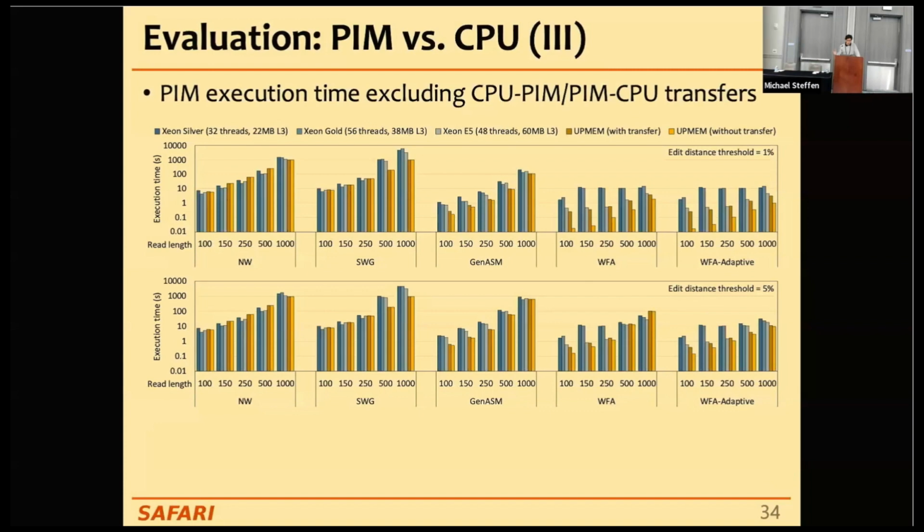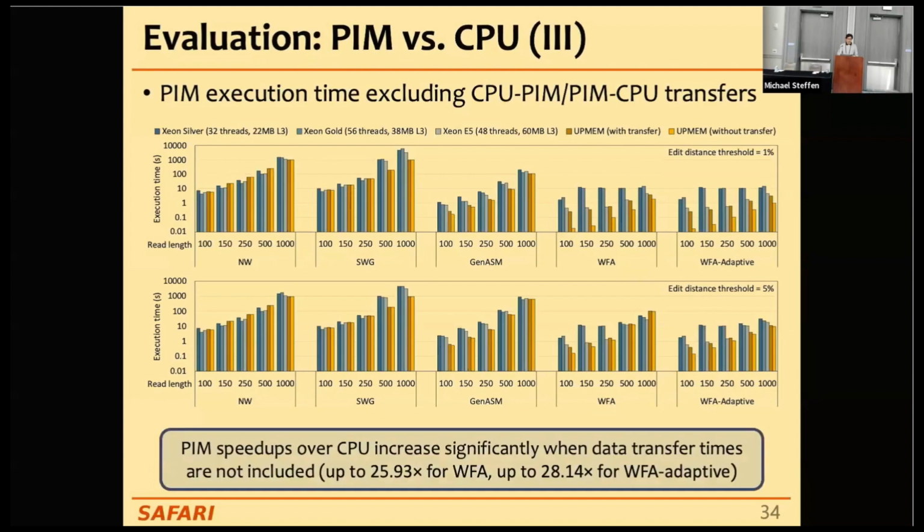And we also show in this plot results for the execution time excluding CPU-PIM and PIM-CPU transfers, which give us a hint of what a future PIM memory that really replaces the standard main memory would achieve, saving us these data transfers. And here we can see some impressive speedups, up to 28.14 times faster for WFA-Adaptive.